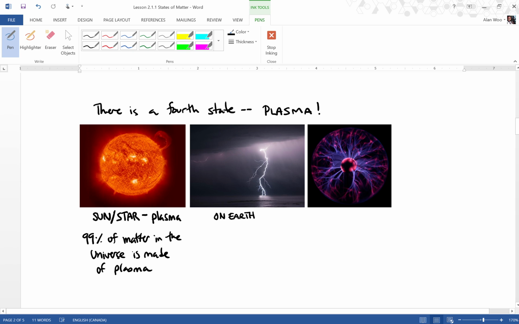Okay, but on Earth, the only form of natural plasma is created when we see a bolt of lightning. So natural plasma is seen during thunderstorms with lightning.